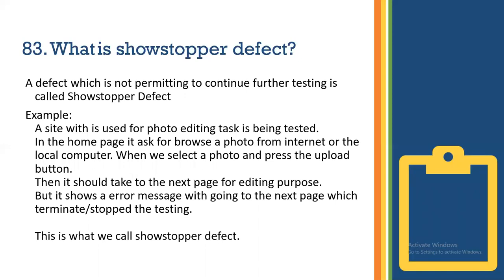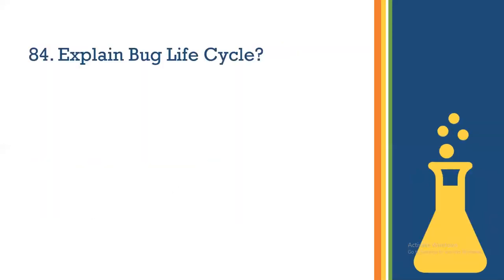When we select a photo and press the upload button, it should take us to the next page for editing, but it shows an error message without going to the next page, which stops the testing. We can't go for testing. This is what we call a showstopper defect, or a critical or fatal defect.